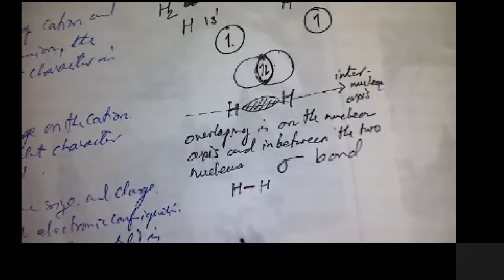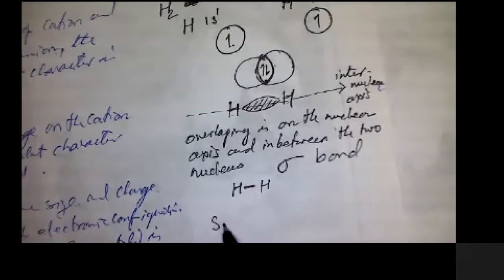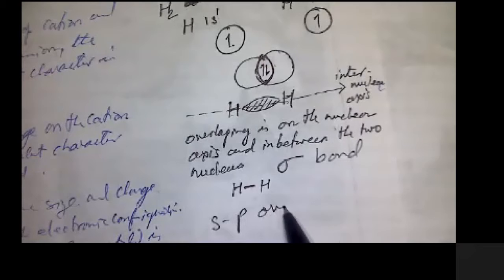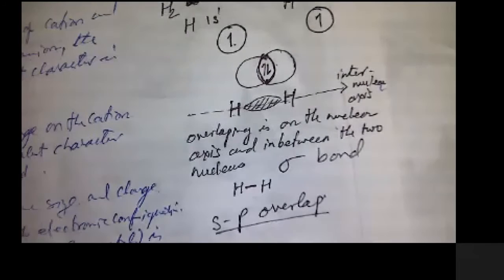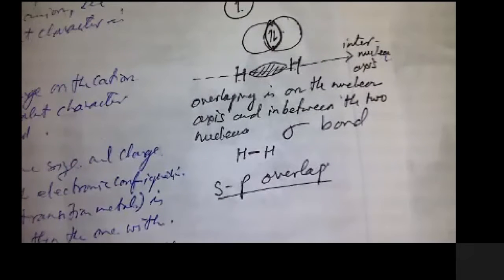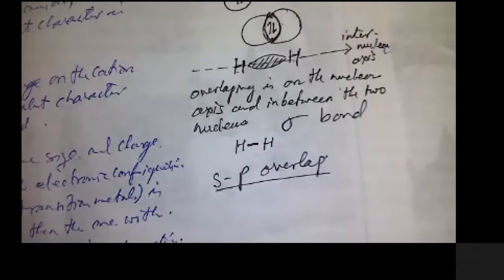S does not have any direction, so S can overlap with P. So we'll now see SP overlap, the overlapping between S and P. How does it occur? Clear?